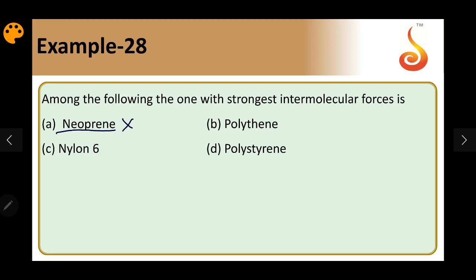Polythene is a thermoplastic, which will have intermediate intermolecular forces compared to fibers and elastomers. Nylon 6 is a fiber, which is the answer for the given question. So fibers will have the strongest intermolecular forces of attraction. So the answer should be C.